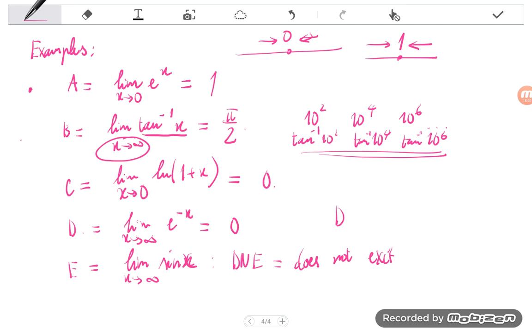You can try. You can assign some values, larger and larger, and you can use a calculator to calculate the value of psi x, and you can see that you don't recognize any regularity, any rule.